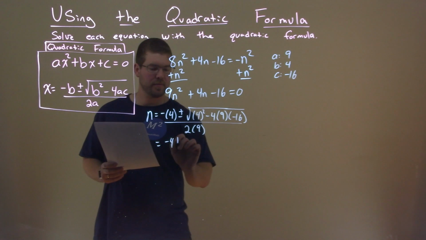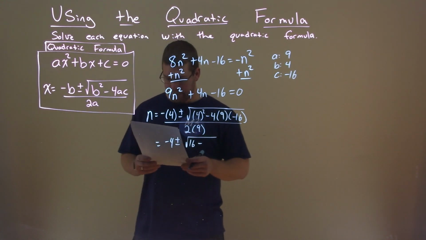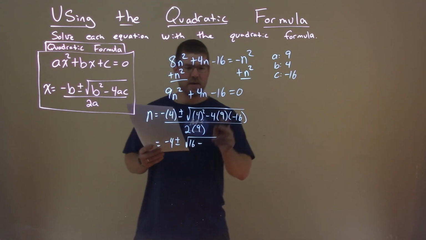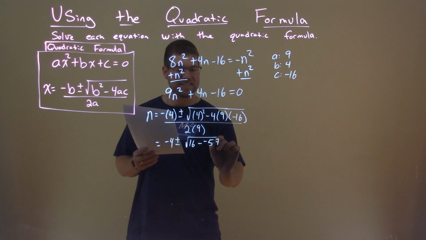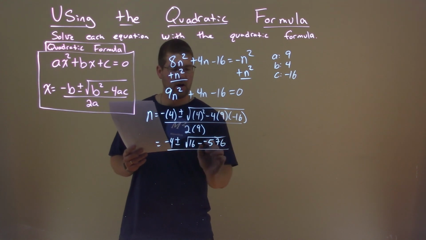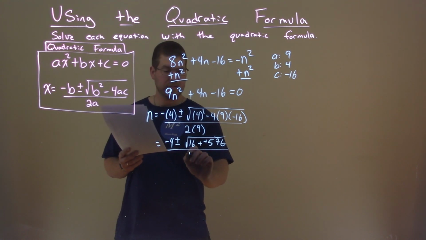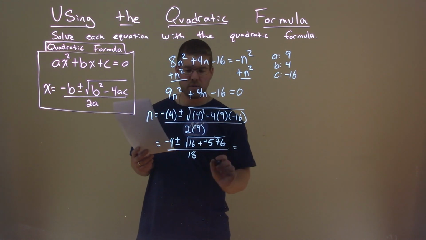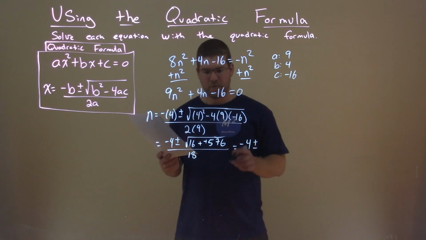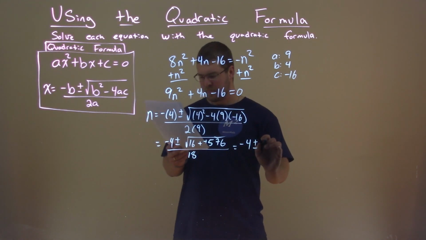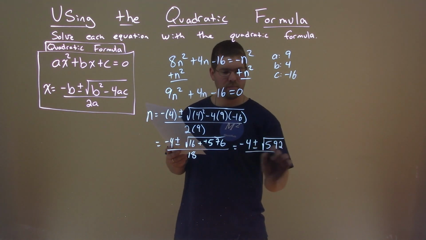Negative 4 here, plus or minus the square root, 4 squared, 16, minus, well, what's 4 times 9 times negative 16? And that's a negative 576. And, well, minus a negative is like adding a positive. 2 times 9 is 18. Simplify that a little bit. We have negative 4 plus or minus 16 plus 576 is the square root of 592 over 18.